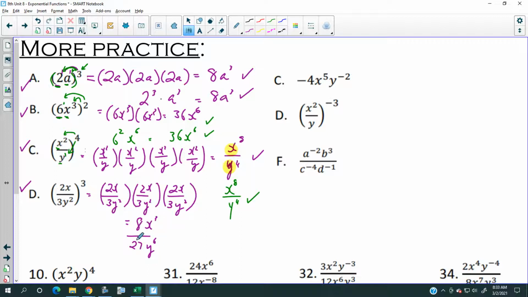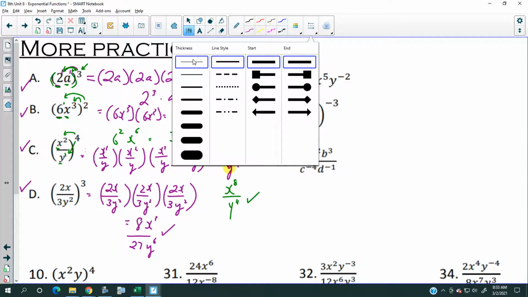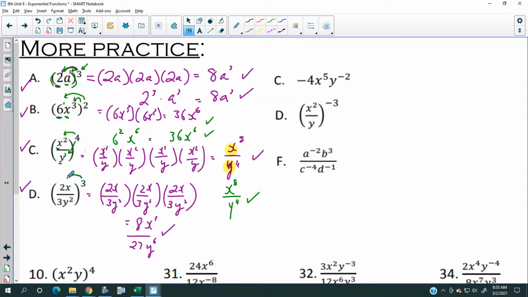Now I got to look at 8 over 27 to see if I can reduce that, because that's actually a fraction. If you don't reduce that, you could lose points. Okay? I think that's simplest form, so we're good here. Now, again, if you want to distribute it, you have to distribute the exponent to the 2, to the x to the first power, and then all those guys. So 3 to the first power here, and also the y to the second power here.